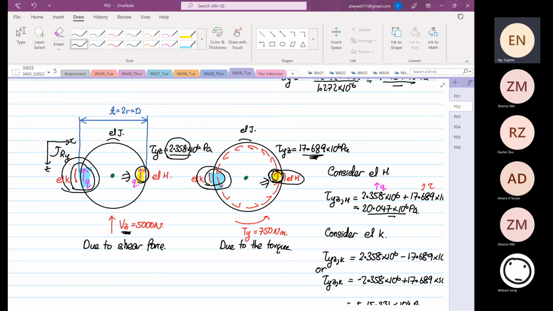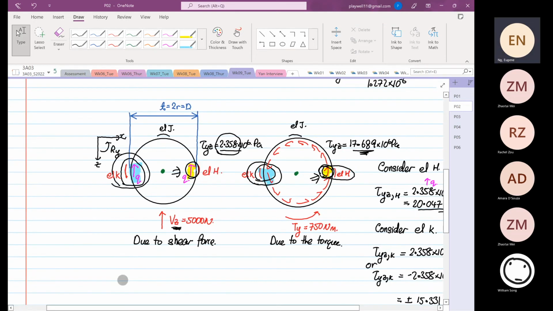What is interesting now, if we were to construct the shear stress distribution, this is our shear stress due to the shear force, and this is due to our Z. You have a shear stress distribution like this.